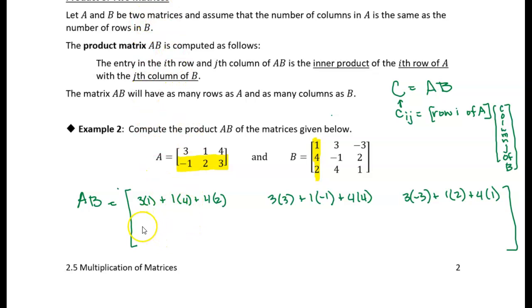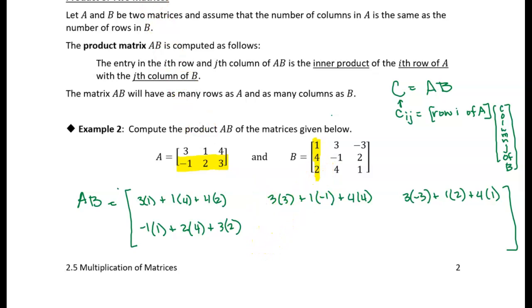We're just going to take -1 times 1 plus 2 times 4 plus 3 times 2. Again, we got -1, 2, 3 from the second row of matrix A, and the 1, 4, 2 from the first column of matrix B.